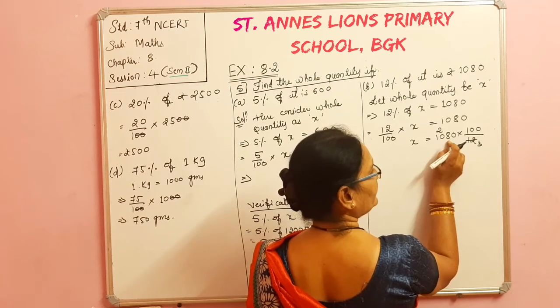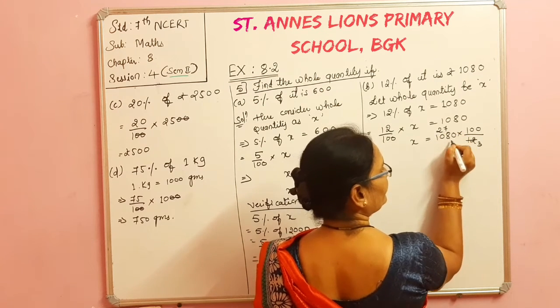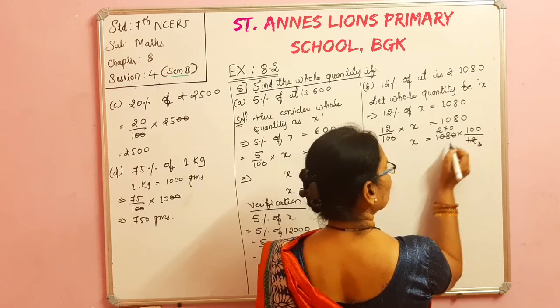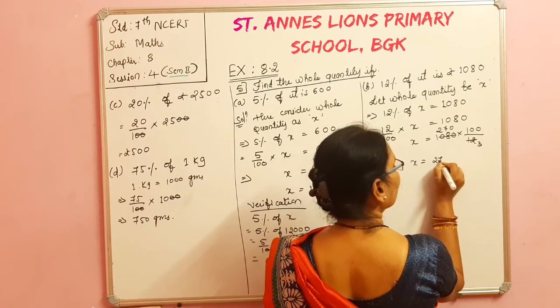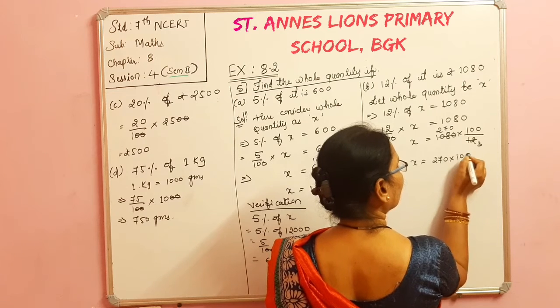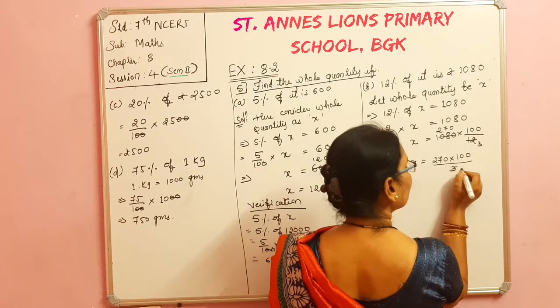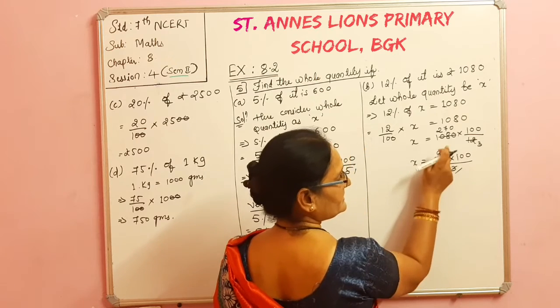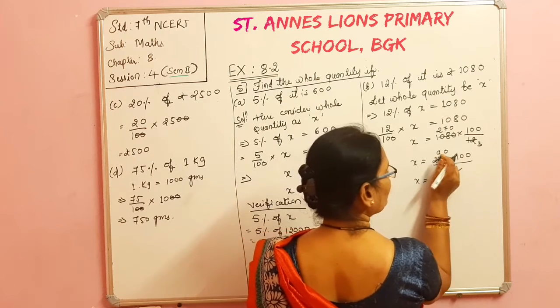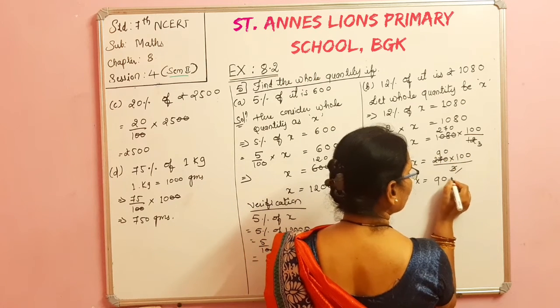Here 2 remain, 28. 4 7s are 28. Here 0, 4 zeros are. So x is equal to 270 into 100 divided by 3. 3 ones are 3, 90s are, 3 9s are 27, 3 zeros are 0. So x is equal to 90 into 100, which is 9000.